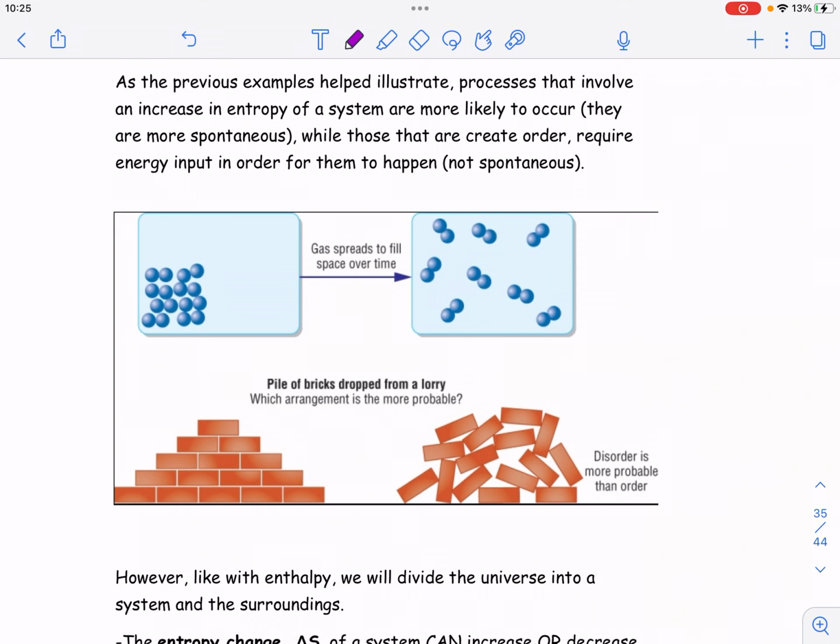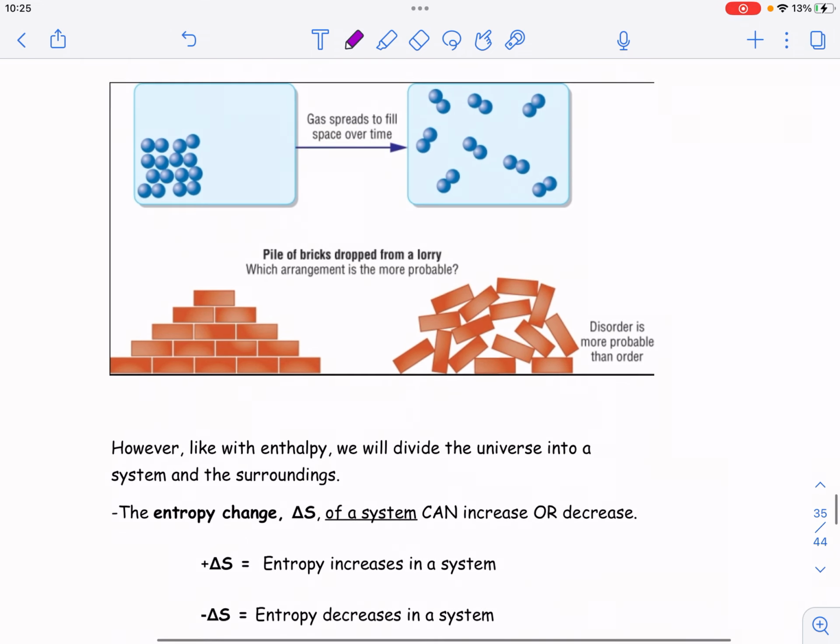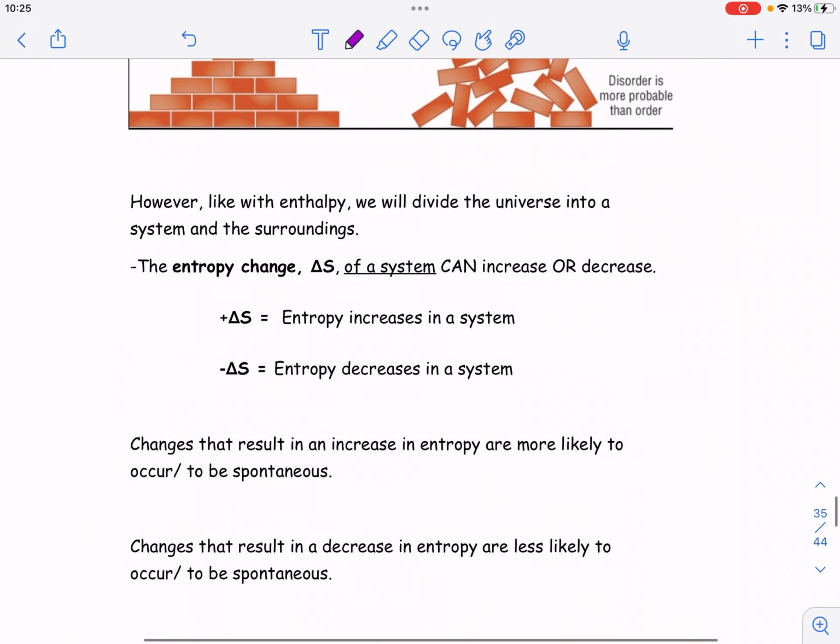And we've seen that that's like a probabilistic argument, that it's just more likely that things become more unorganized over time, because to be highly ordered is quite specific and very probabilistically unlikely for things to become more ordered over time. So for entropy change, we use the symbol S or delta S. And of a system, we can have an increase or a decrease in entropy.